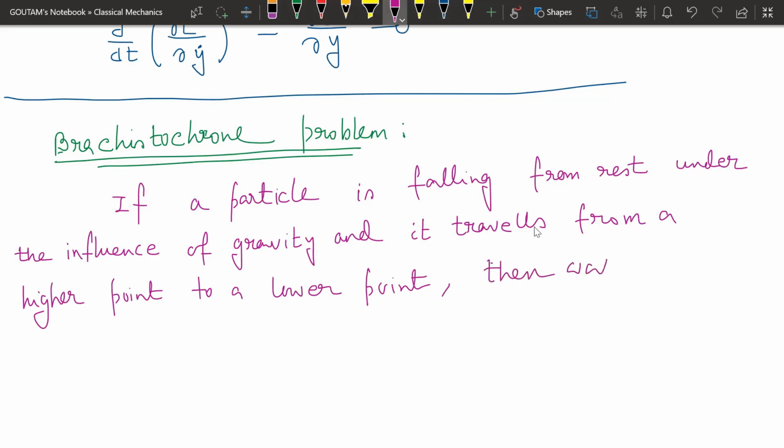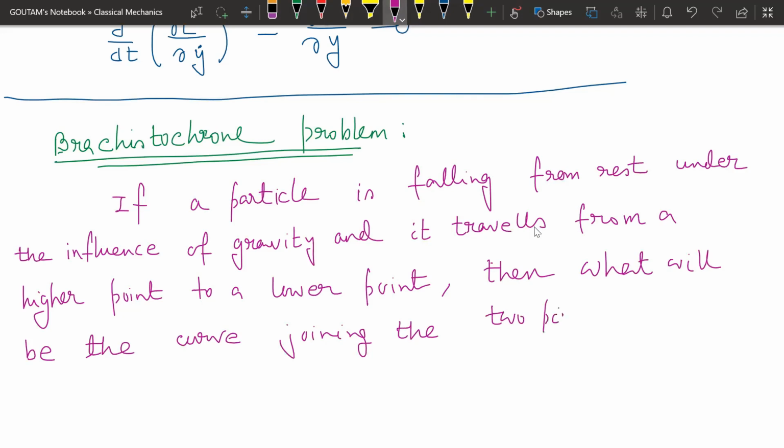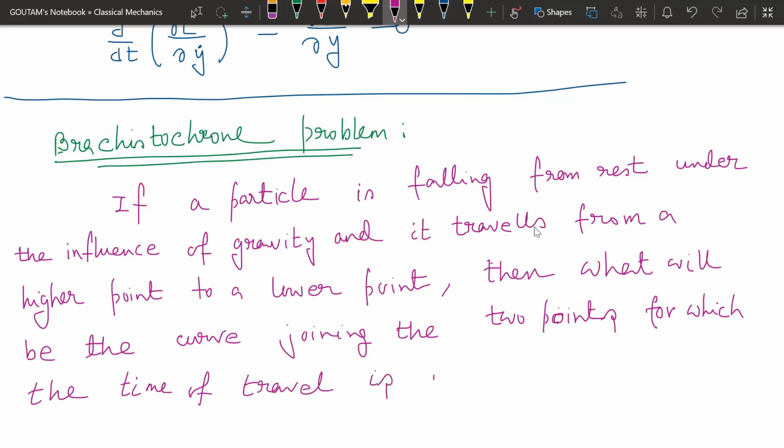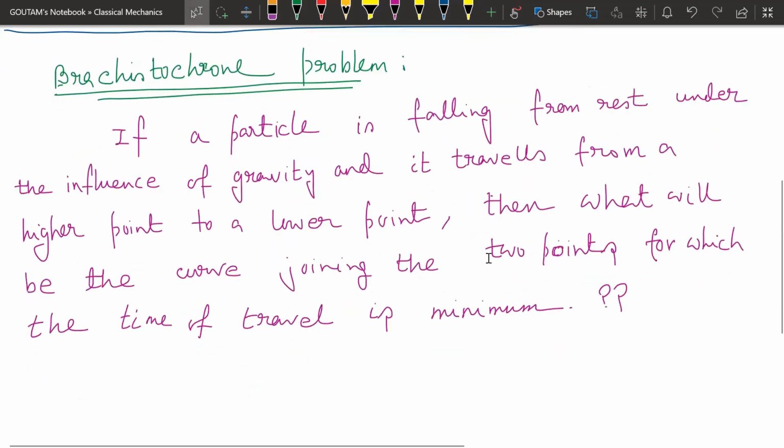Then what will be the curve joining the 2 points for which the time of travel is minimum? So this is the statement of the problem.